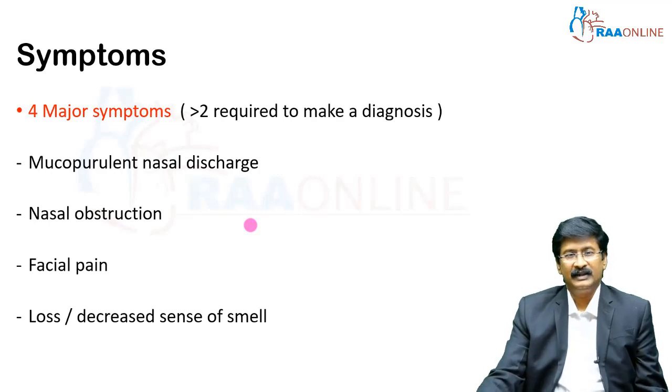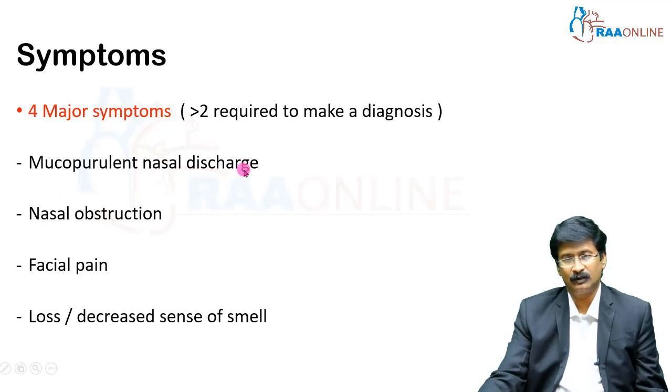So, what are the major symptoms required for a diagnosis of sinusitis? You should have a mucopurulent, prolonged nasal discharge, either unilateral or bilateral. Whenever you have a nasal discharge, obviously you will have nasal block and stuffiness of the nose.